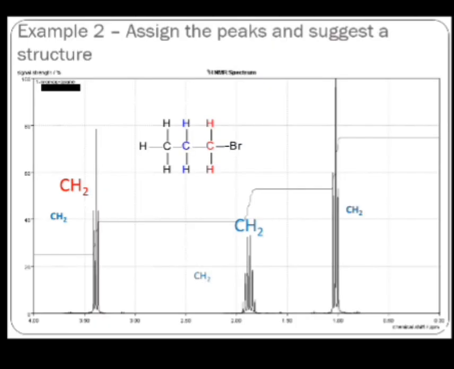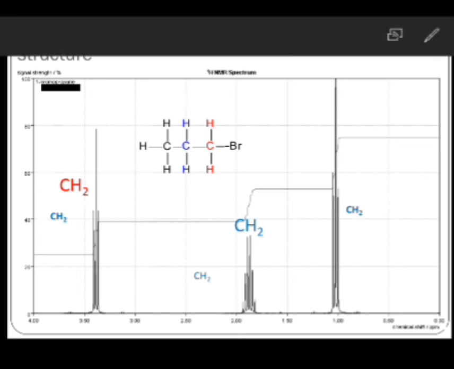Okay, and it is a downfield shift, meaning a higher delta value than the others. Why? Because this red methylene group is directly attached to the electron withdrawing bromine atom. Then look toward the blue CH2 group. That group shows 3 plus 2 plus 1, 6 peaks, a multiplet. Why? Because of the n+1 rule, the same thing.